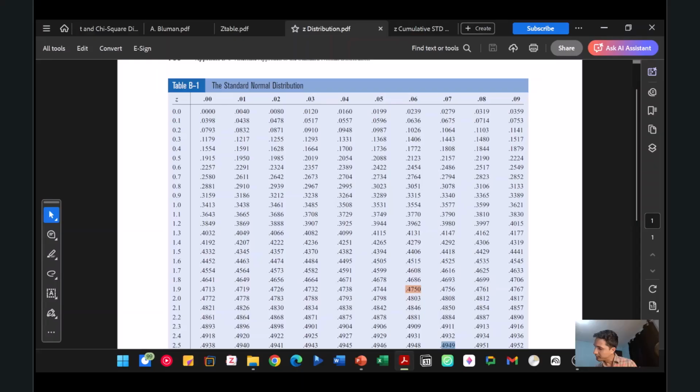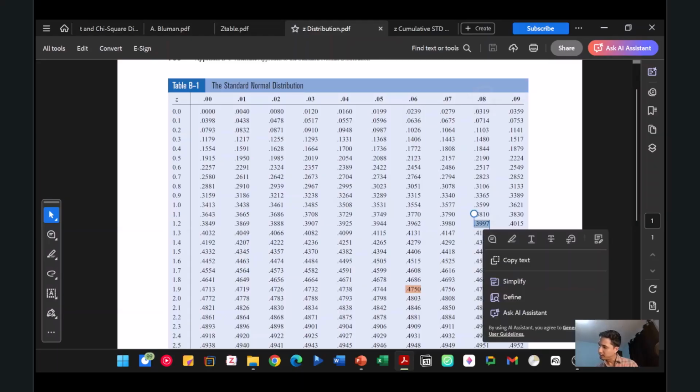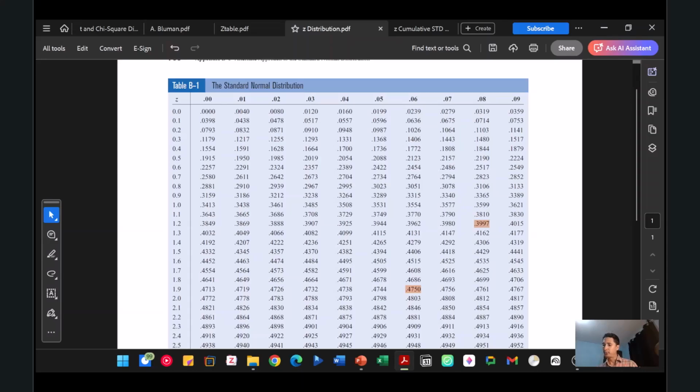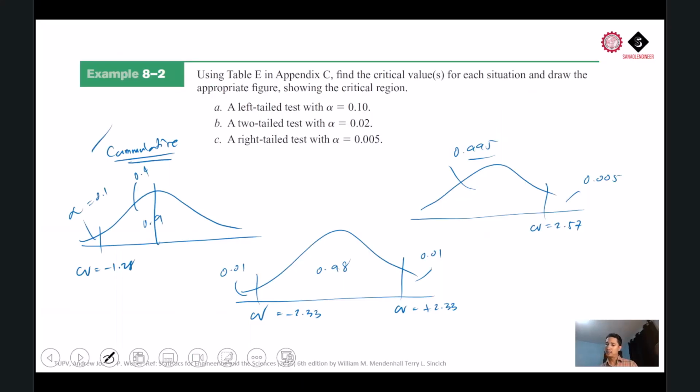So that is 1.28, right? This is 1.2, this is 8, so 1.28. You just put negative 1.28, because it is obvious that it is to the left of the center.